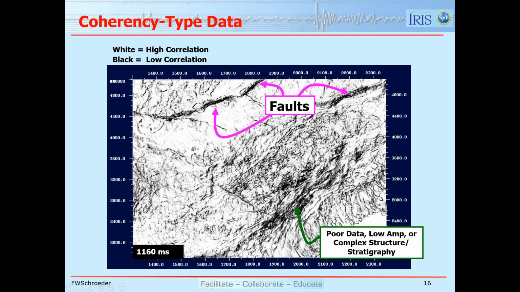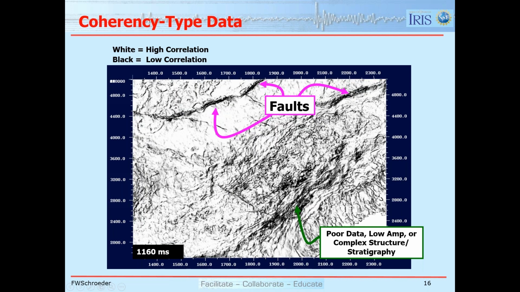So here is a bigger picture of a coherency type time slice, 1160. And so this is the fault that I had on the previous slide, and this is the second fault. There's another fault here, and one that's important for the Barracuda structure is a fault that cuts through here, and another fault that cuts through there.